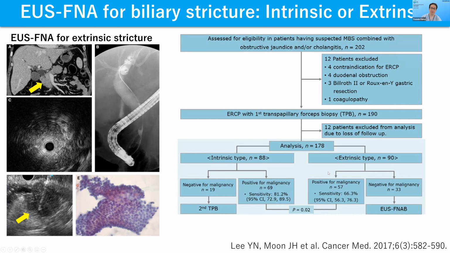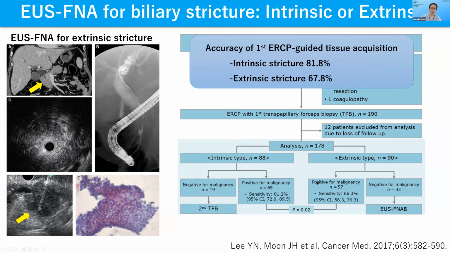This is a report from Korea. They perform ERCP first because anyway the patient needs biliary stenting. They perform ERCP first and the ERCP-guided tissue acquisition. If it's extrinsic, the accuracy was not as high as intrinsic.